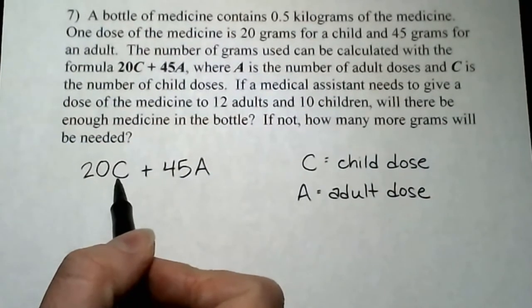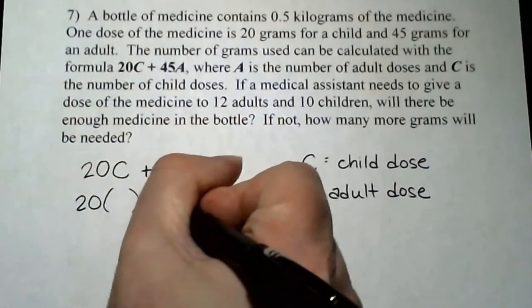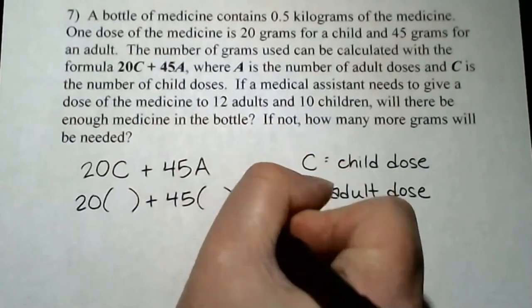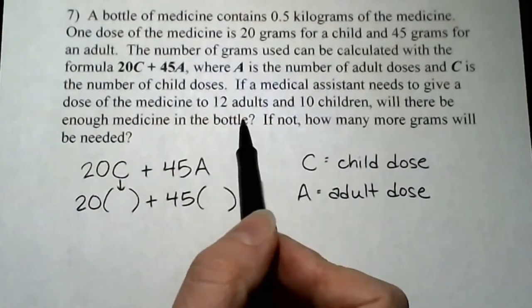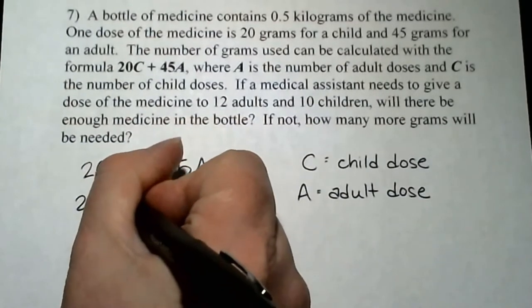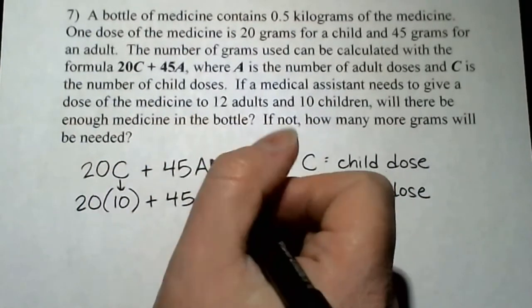Next, I'm going to substitute in place of my C and my A. So they told me that we are going to give this to 10 children. So I need to replace the C with a 10 and the A with 12 adults.